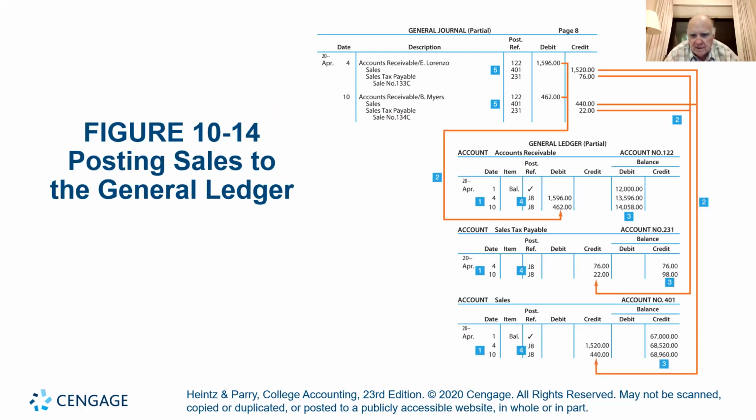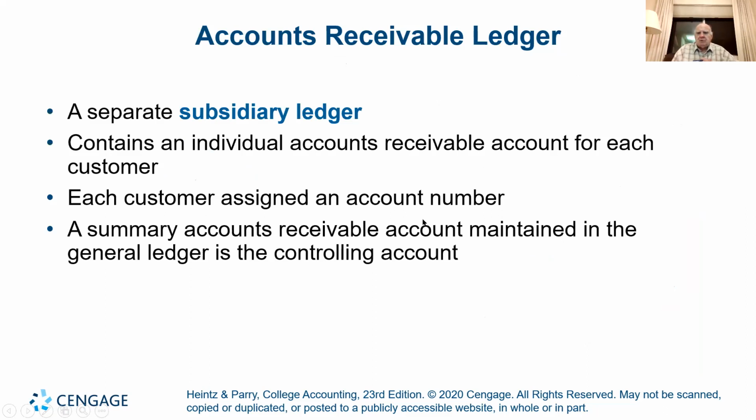Well, we posted this to the general ledger. But we have to keep track by customer too, don't you think? We want to call up Parenti and say, how come you haven't paid us? And he may say, I don't owe you any money. Here's what we do. We maintain a separate ledger called a subsidiary ledger. I think this is the first time we're using this expression.